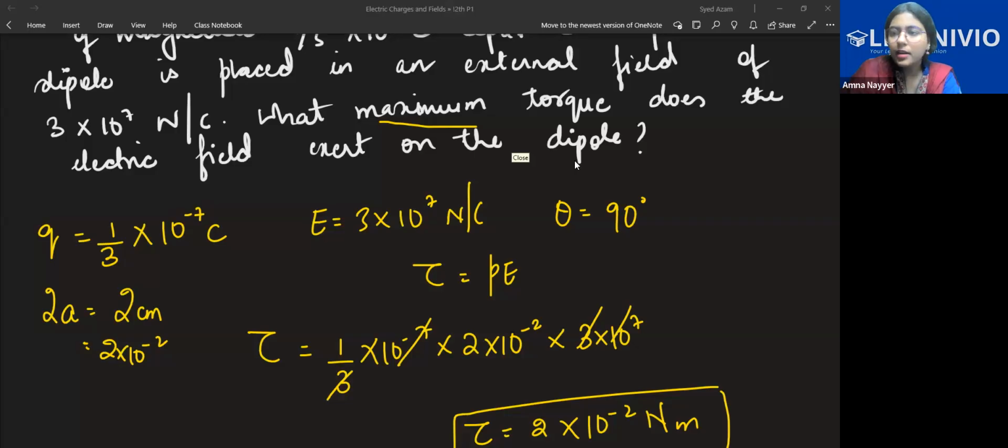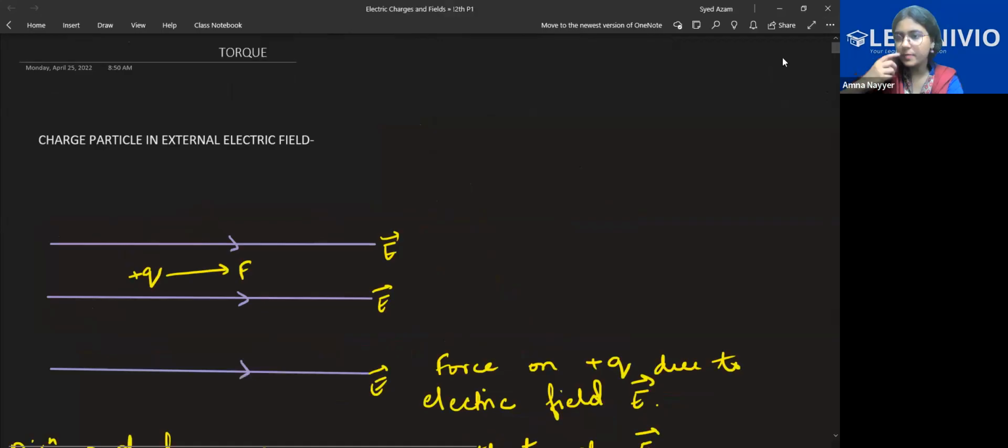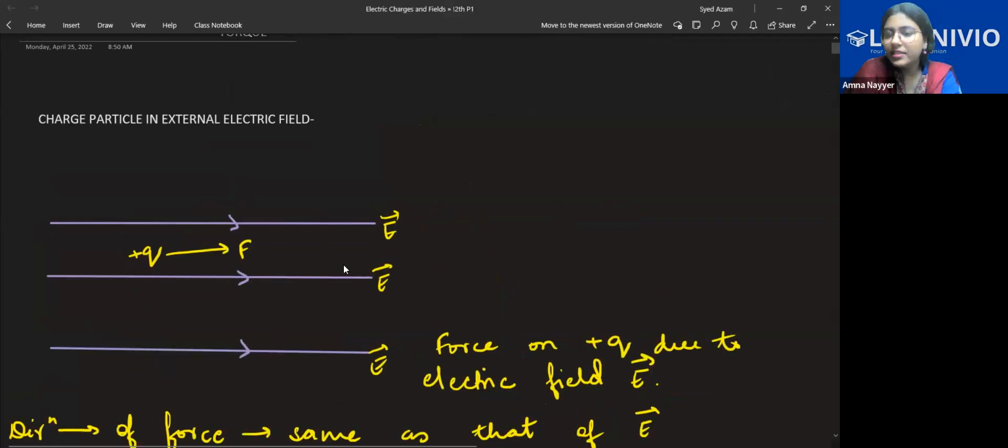Then let's start with the force on the charged particle in electric field. That part is left and questions do come from this part. I have discussed this with you, but I told you we'll write it separately. Whenever the charge is positive, the direction of force is exactly the same as that of the electric field.